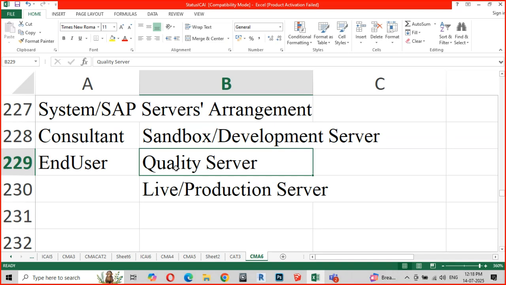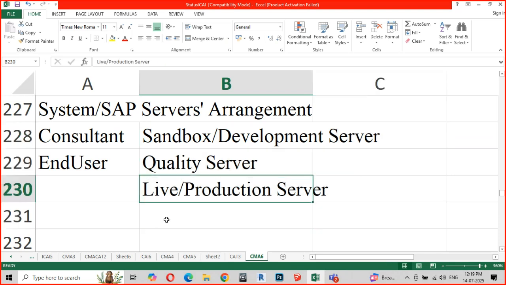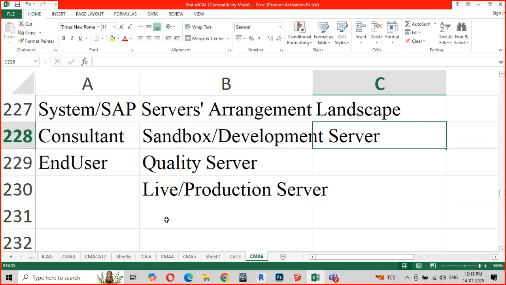And finally, the live or production server, where all the active data is available to the top level management of the implementing company. This arrangement of the development, quality and production servers is called landscape or landscaping.